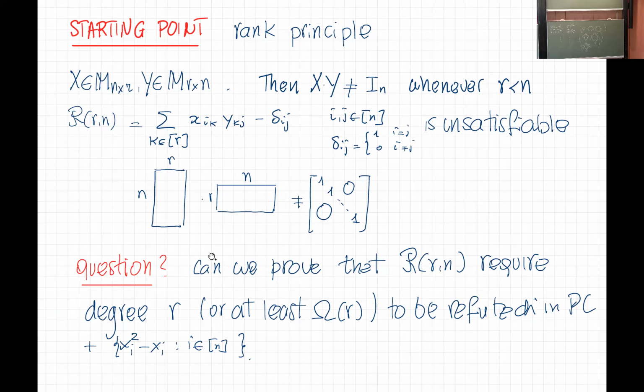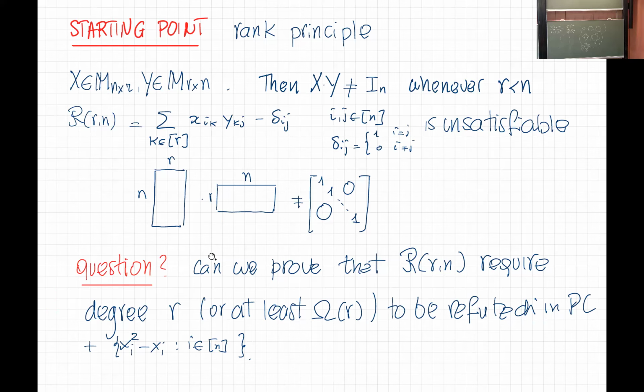So the first easy question was that we consider a set of polynomials encoding this simple principle: if you multiply two matrices, one of size n times r and the other r times n, then as long as r is strictly smaller than n, we cannot have the identity matrix. And we were trying to say: can we prove some degree lower bounds, for example that r is required as a degree? This was a starting question.